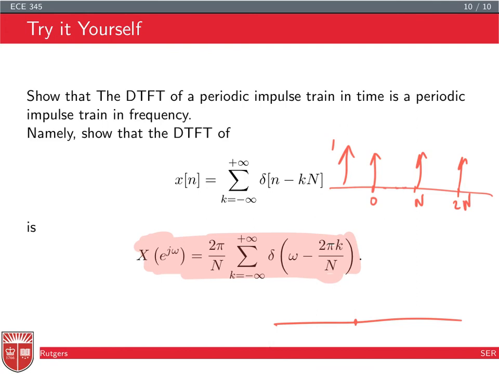So it's going to be at 0, and for k equal to 1 at 2 pi by N, 4 pi by N, and so on and so forth. And also in the negative, so you're going to get something like this. And the amplitude here is 2 pi by N. So that's basically what you have to show.